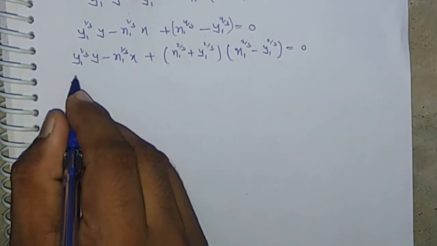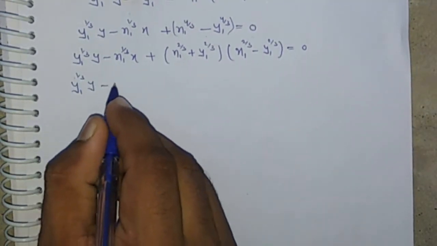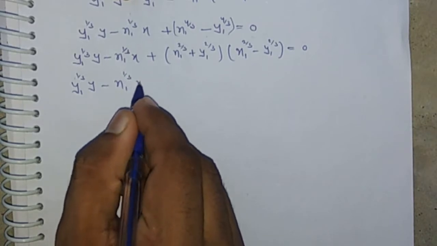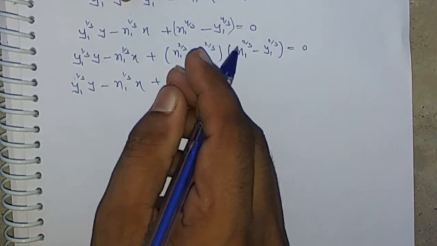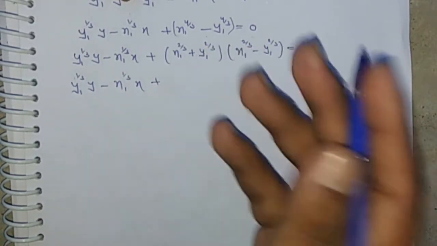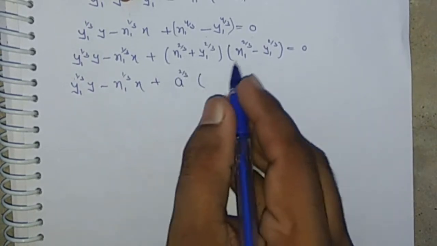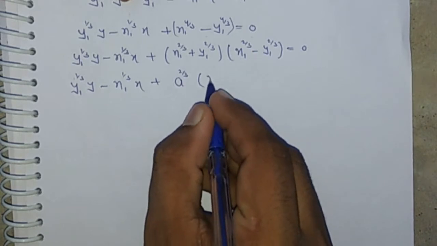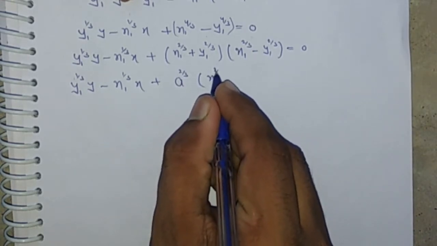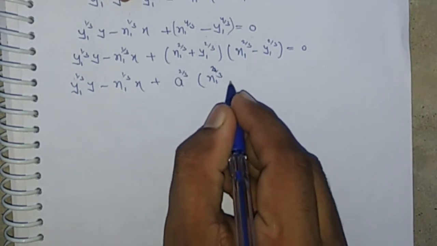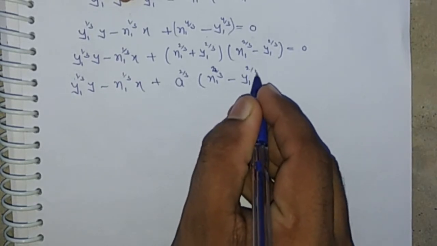Then we have the value of x1 to the power 2/3 plus y1 to the power 2/3 equal a to the power 2/3, because x1, y1 lie on the given curve, so it is equal to x1 to the power 2/3 minus y1 to the power 2/3.